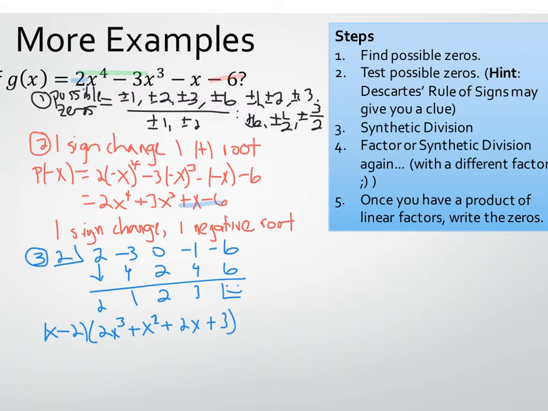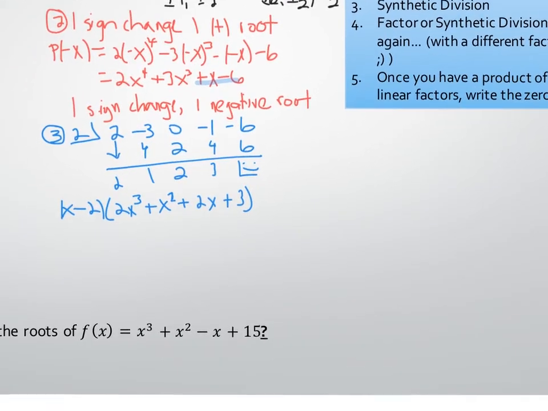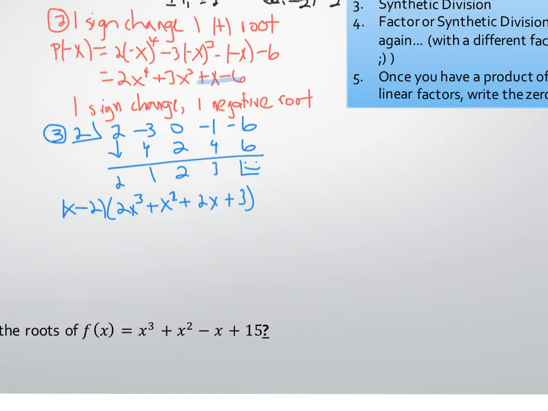And did anyone find a different zero? Well, because this guy isn't going to factor again, let's see if we can find the negative zero. Let's try -1. Drop down the reduced coefficients.